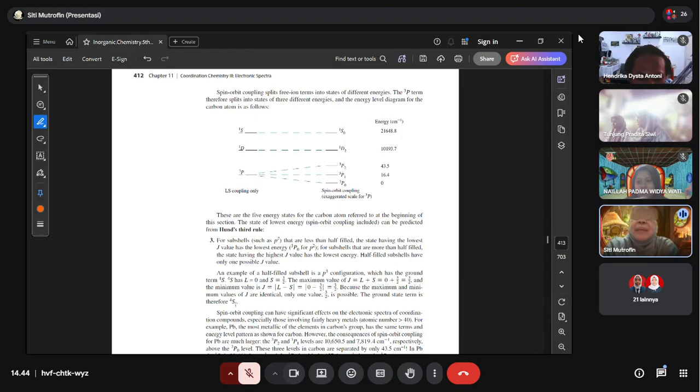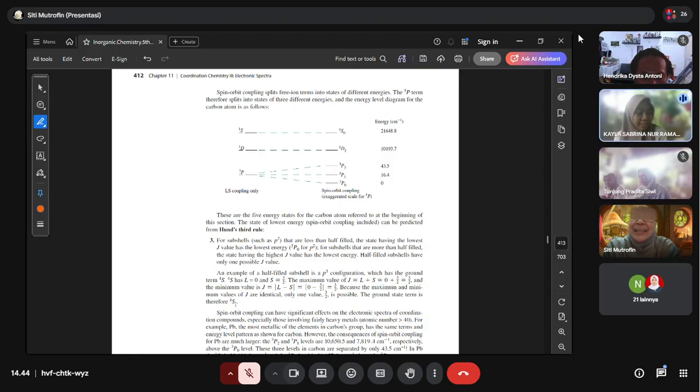Why is the 3P arranged into the lowest energy? From what I understand, the 3P is at the lowest level because it has the highest spin multiplicity. But what I want to ask is how could 3P have the highest spin multiplicity?